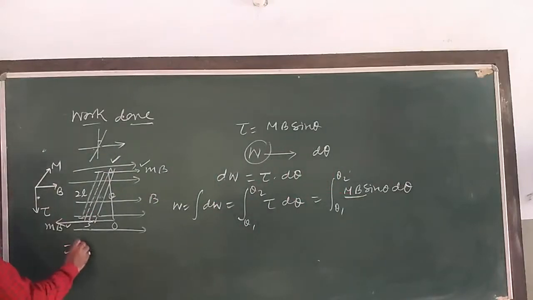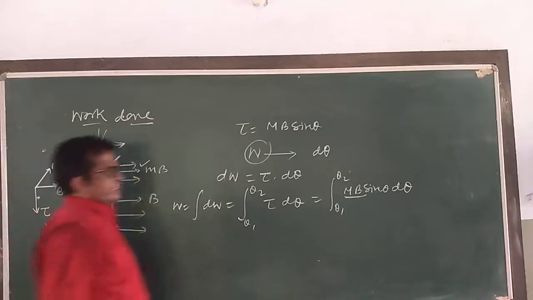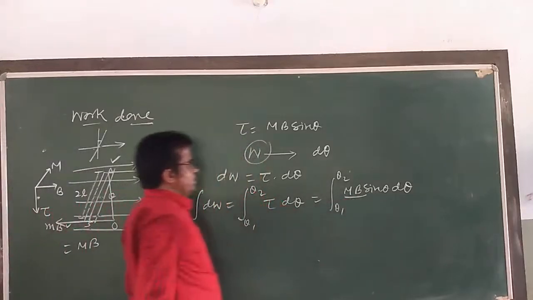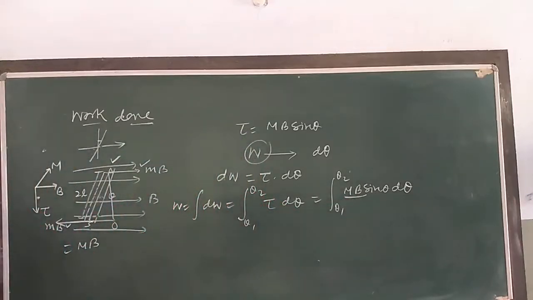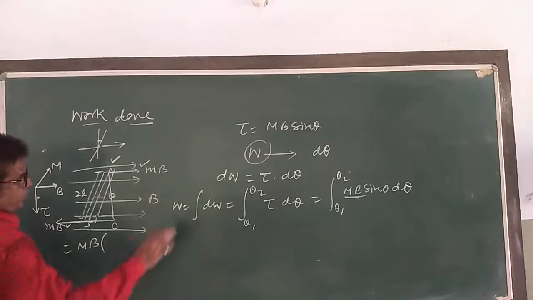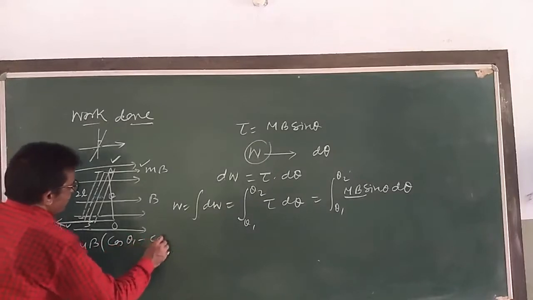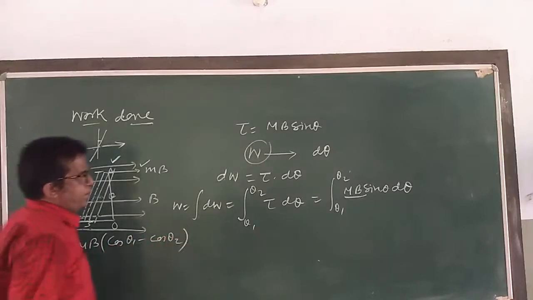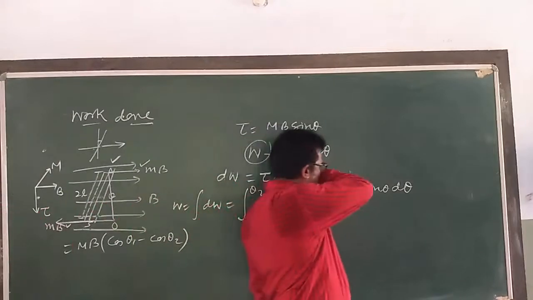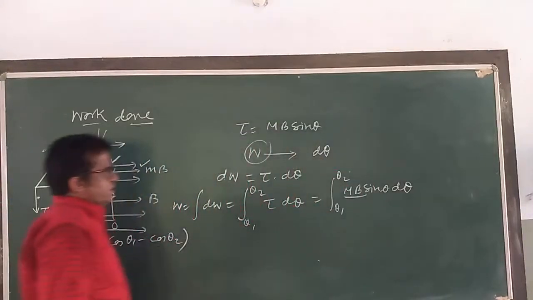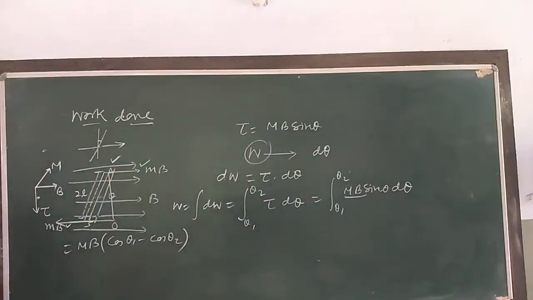What is the integration of sin theta? mb into the integration of sin theta, which is minus cos theta. With the limits applied, this comes out to be mb into cos theta 1 minus cos theta 2. So solve it using the formula of integration.